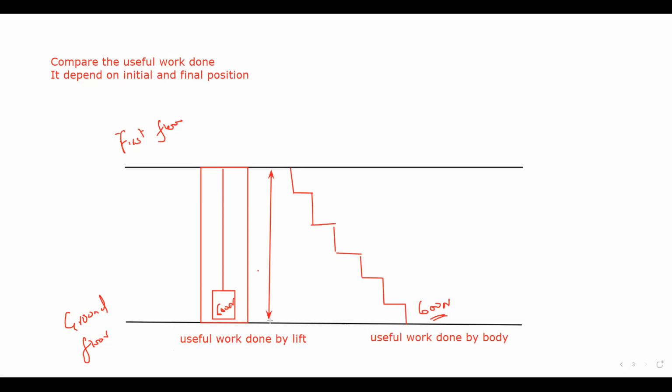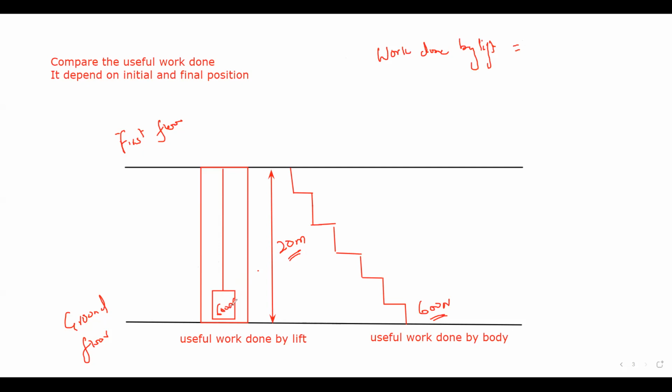the height which both travel is, for example, 20 meters. So as you can see, when we calculate the useful work done by the lift, whenever objects are moved up, the work done is always force into distance, but in that case the force is equal to weight.